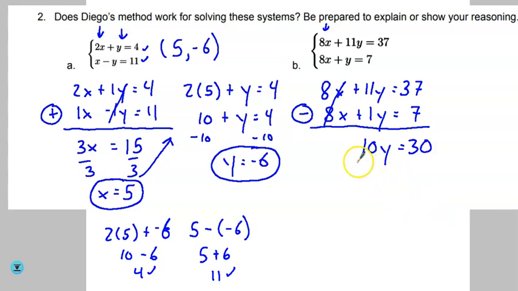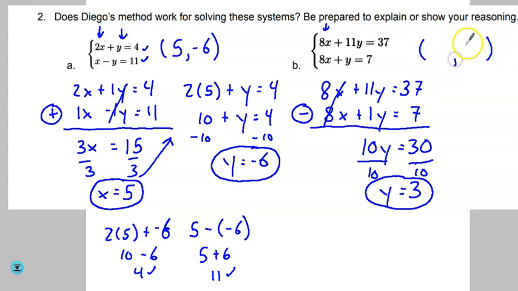From there, divide by 10, divide by 10, y equals 3. Remember that's your y, so go second.